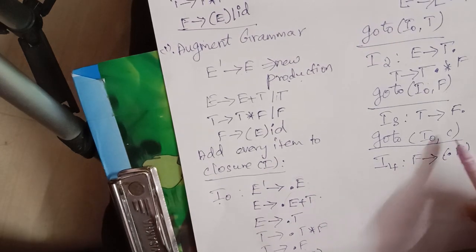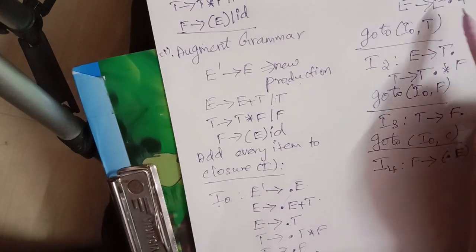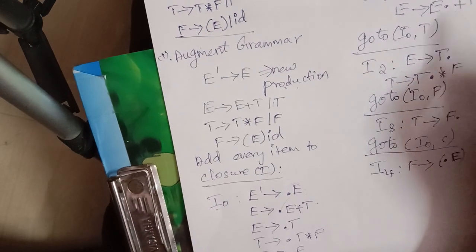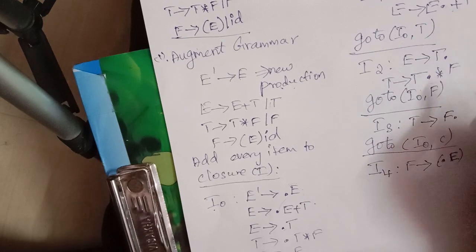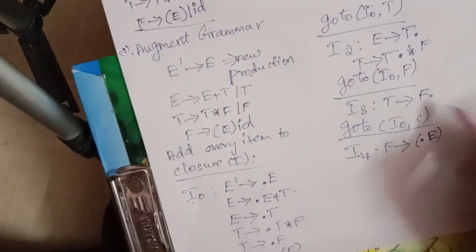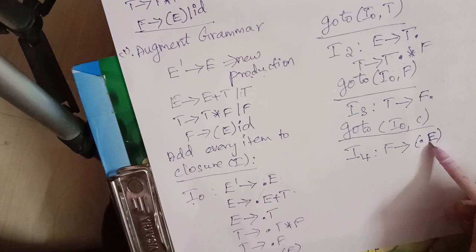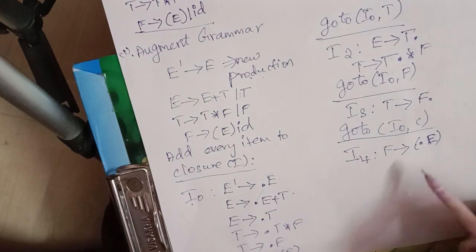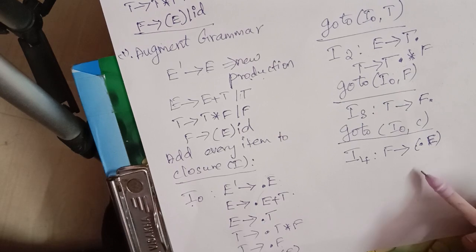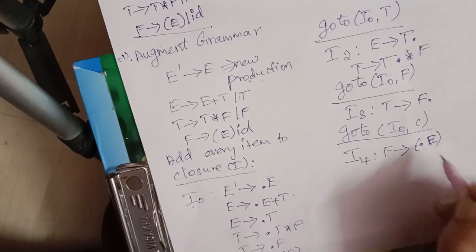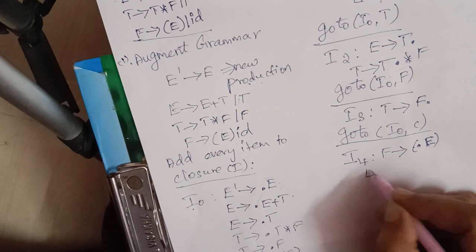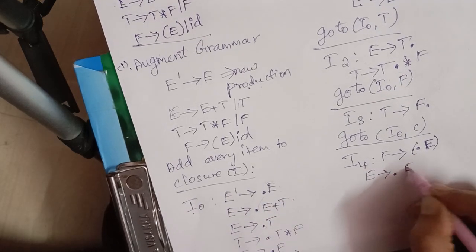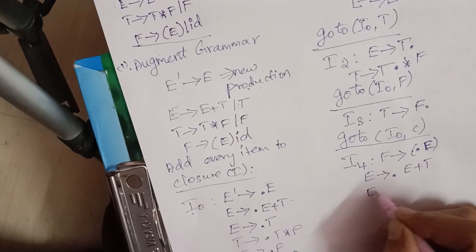In the previous derivations after the dot I had a non-terminal, and here also; here it is at the end, but here after the dot I have a non-terminal E, so I need to write its closure. What is the value of E? E tends to dot E plus T and E tends to dot T.